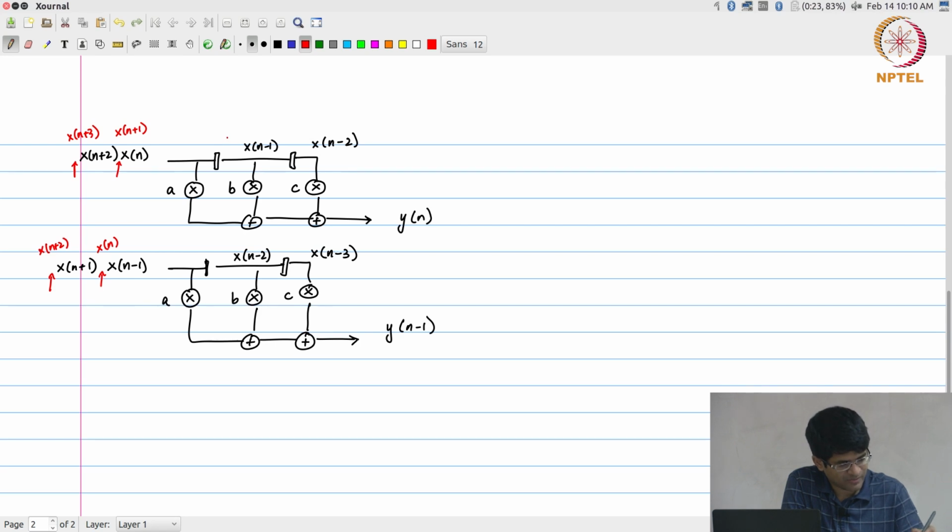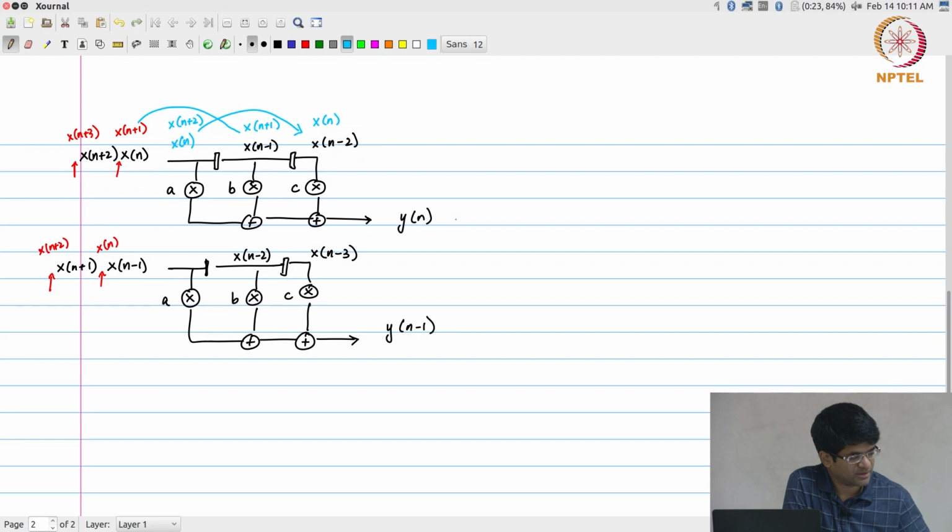In other words, x of n will be here. On the next clock cycle, x of n will go here, and the x of n minus 1, x of n minus 2. In the next time instant, I will have x of n over here, I will have x of n plus 1 over here, and x of n plus 2 over here.